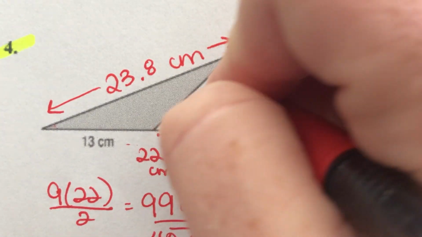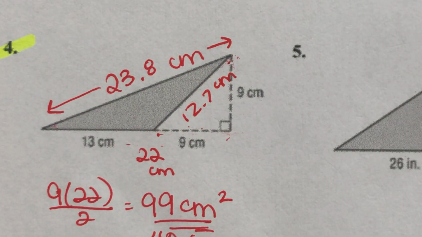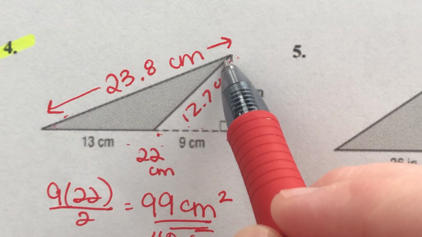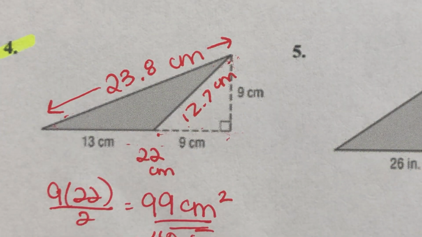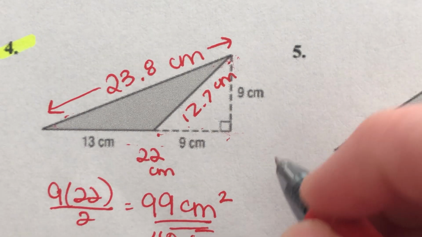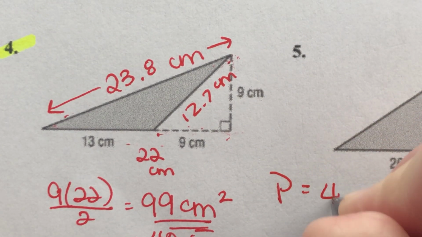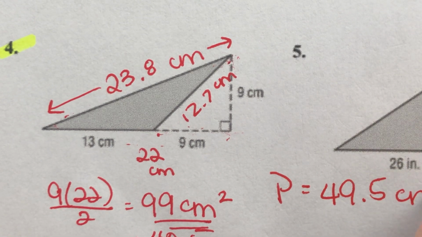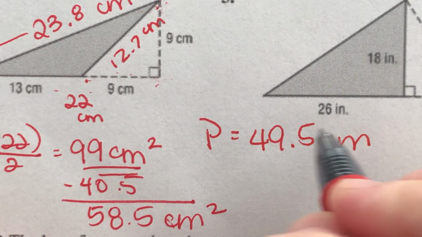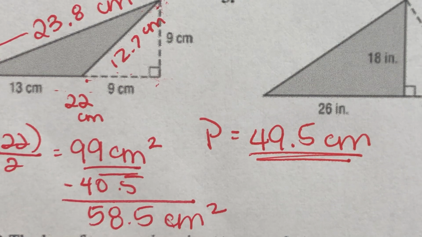So now for perimeter, we just add 23.8 plus 12.7 plus 13. And I get about 49.5. So P equals 49.5 centimeters. It's not squared centimeters, it's not area, it's just centimeters.